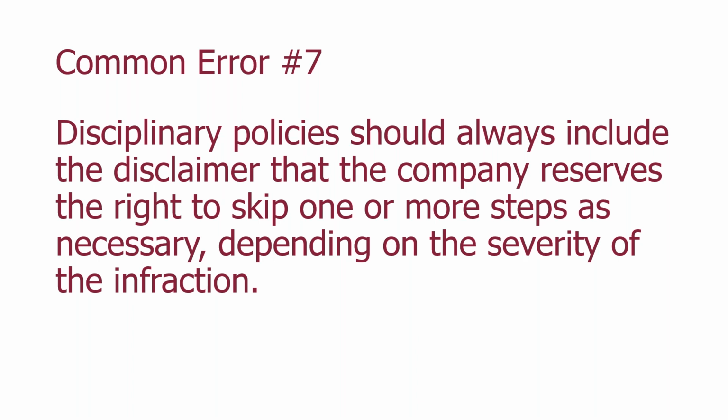You'll want to make sure that you've got a list, and that whether it's the first offense or the third offense, the company retains the right to discipline however they see fit.